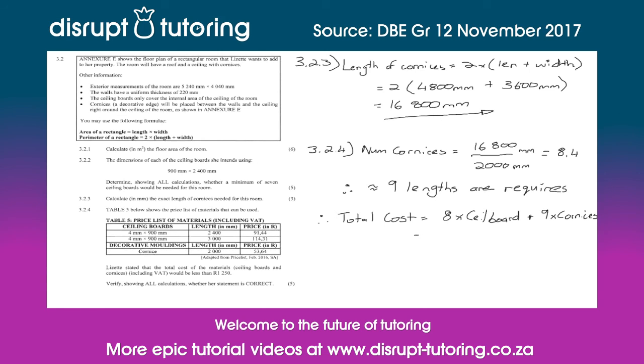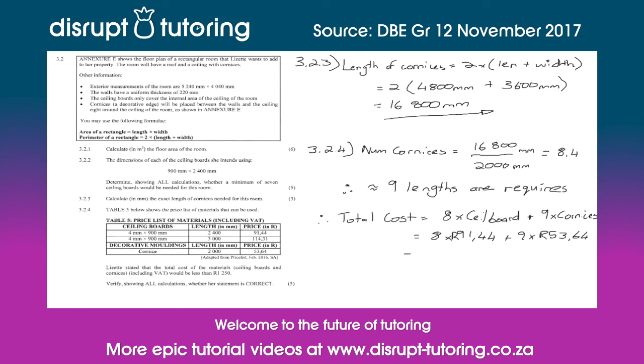So this is going to equal 8 times, we said the ceiling boards is 91.44 rands from this table, plus 9 times, and the price for a length is 53.64.